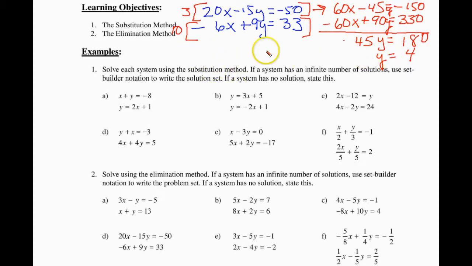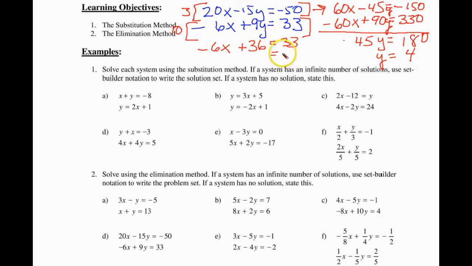Now, if y is 4, let's see what we have here. Which one should I use? Let's use this one. Negative 6x plus 4 times 9 is 36 equals 33.